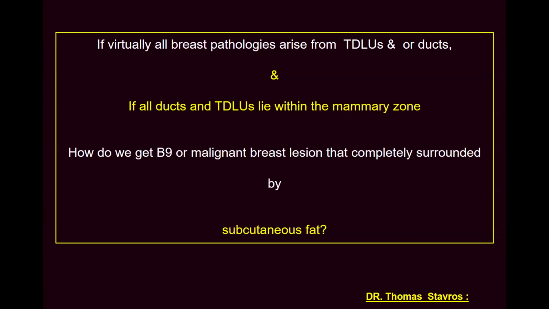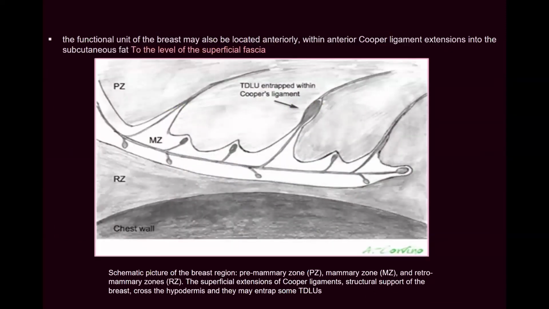The question again: if virtually all breast pathologies arise from TDLUs and ducts, and all ducts and TDLUs lie within the mammary zone, how do we get a benign or malignant lesion completely surrounded by subcutaneous fat, i.e. in the pre-mammary zone or in the subcutaneous fatty layer?